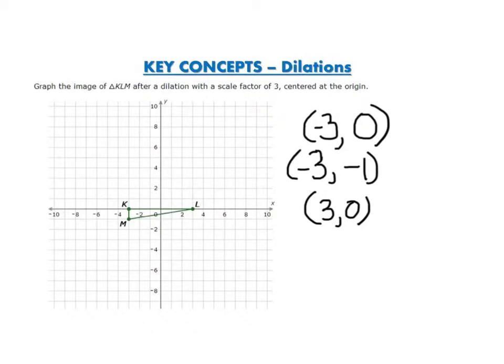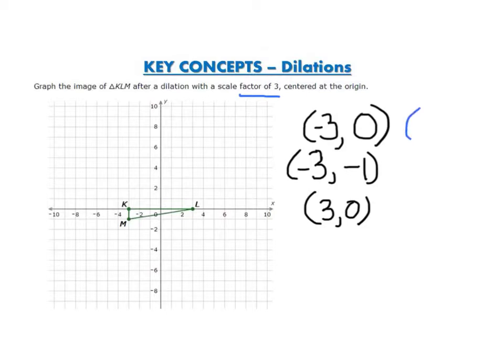Alright, this first one says to graph the image of this triangle after a dilation with a scale factor of 3. Well, if it has a scale factor of 3, it means we're making it bigger. And all we're going to do is multiply each one of the numbers, both the x and the y value, by 3. And then we're going to graph it.